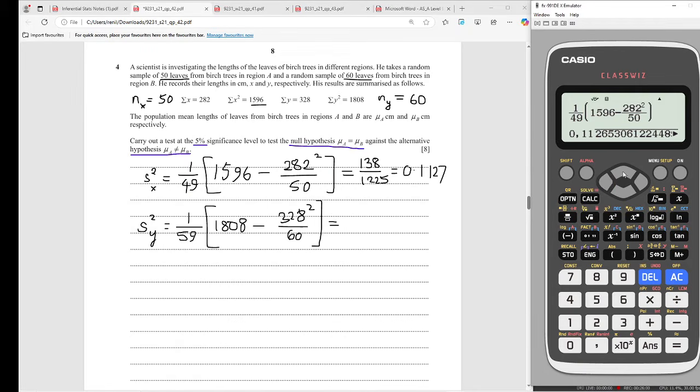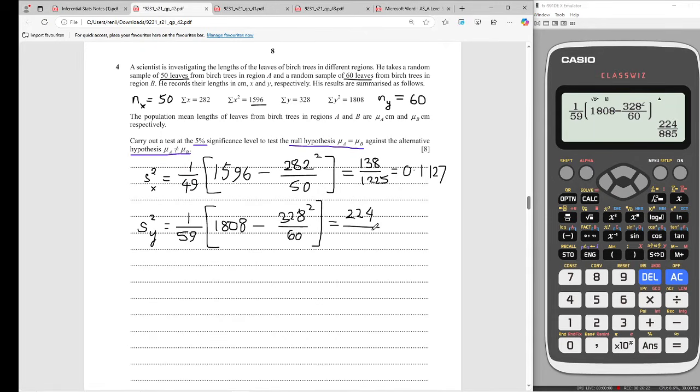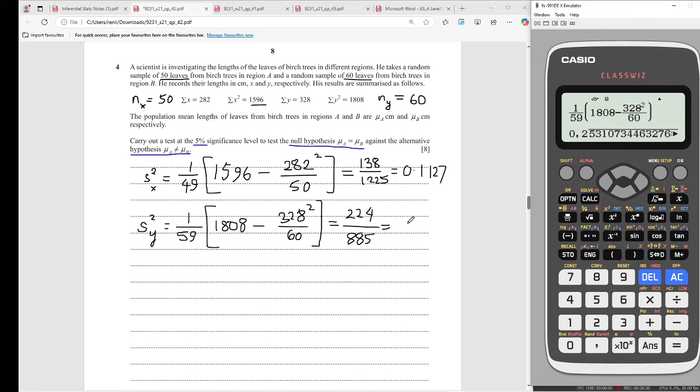Let's plug in these values: 1 by 59. This gives us another fractional value, 224 by 885, and in decimal value that will be 0.2531. That's your S2y.